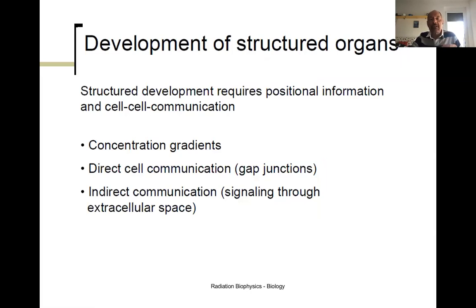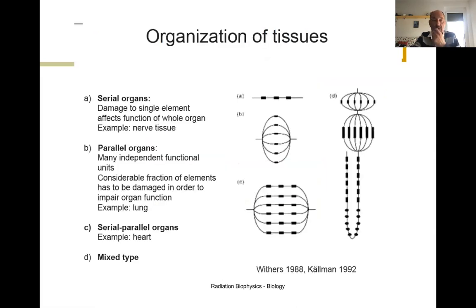Of course, from the stem cells, we generate structured organs, where the cell-to-cell communication is extremely important, as shown here, and eventually you organize the tissue. There is one thing which is important in the tissue. It's very important, especially for radiotherapy. We will see it later.